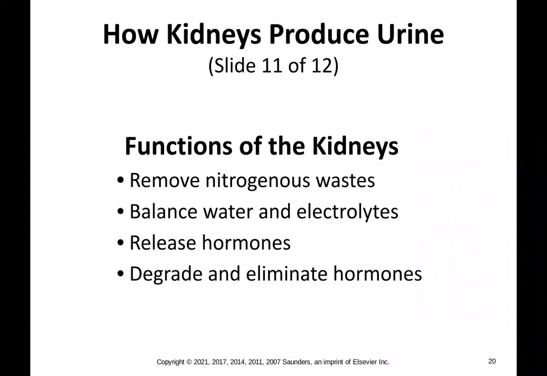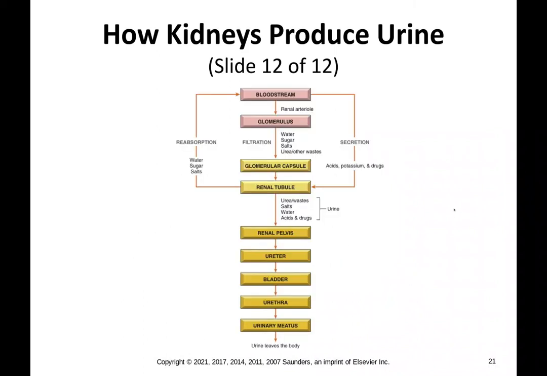So again, the functions of the kidneys are to remove nitrogenous wastes, balance our water and electrolytes, release hormones, and then degrade and eliminate hormones. So this is kind of a never-ending feedback loop here, where you have the bloodstream through the renal arteriole to the glomerulus, filtration process into the glomerular capsule, and then the renal tubule.